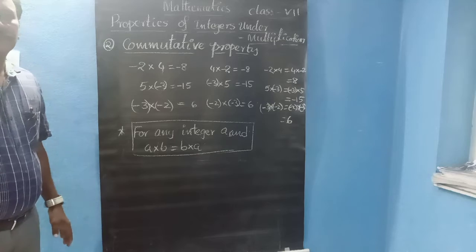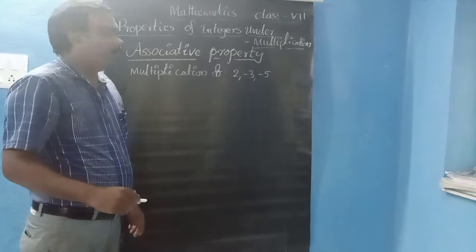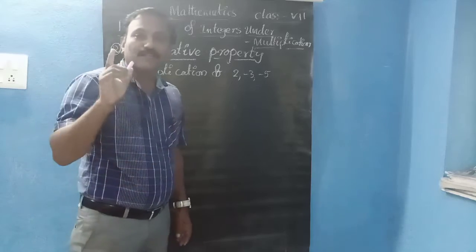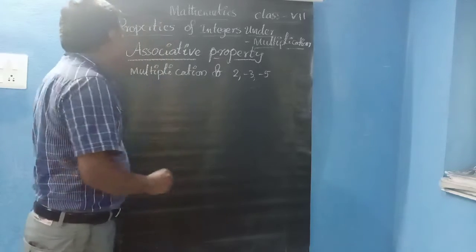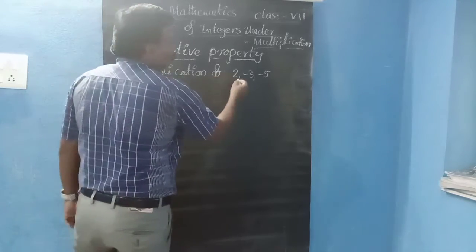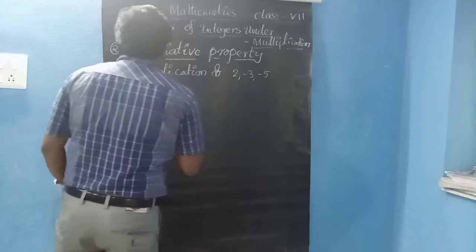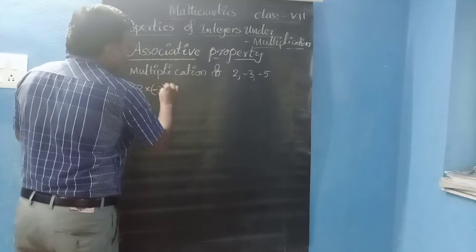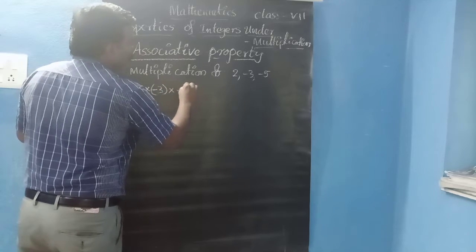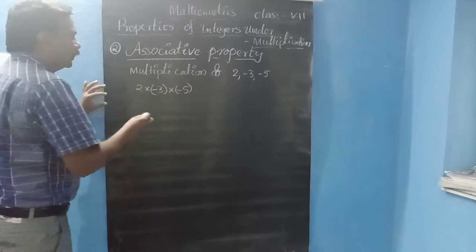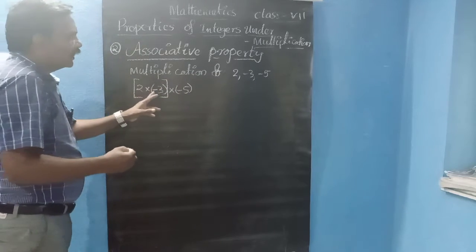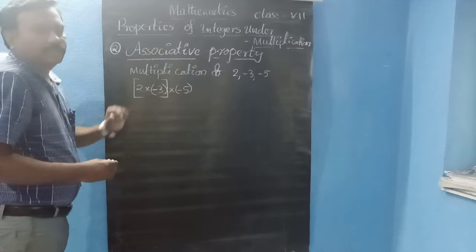Third property, associative property. What is the third property? Associative property. Suppose you multiply 2, minus 3 and minus 5. So 2 into minus 3 into minus 5. Here I take 2 into minus 3 as one group and 5 as the other group.